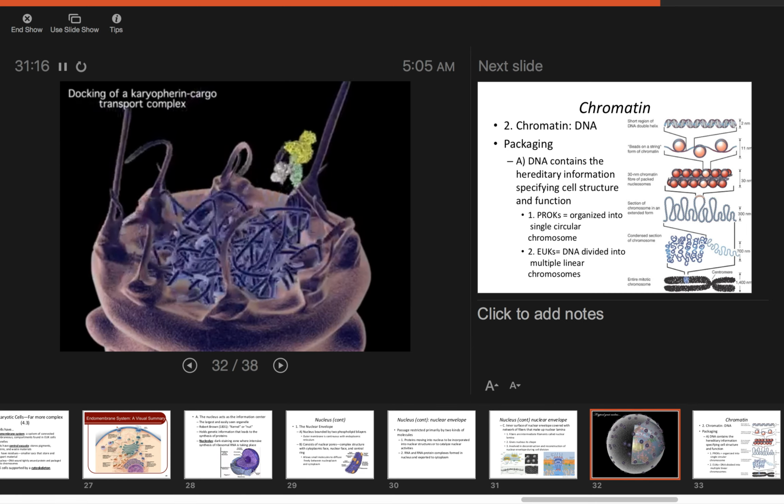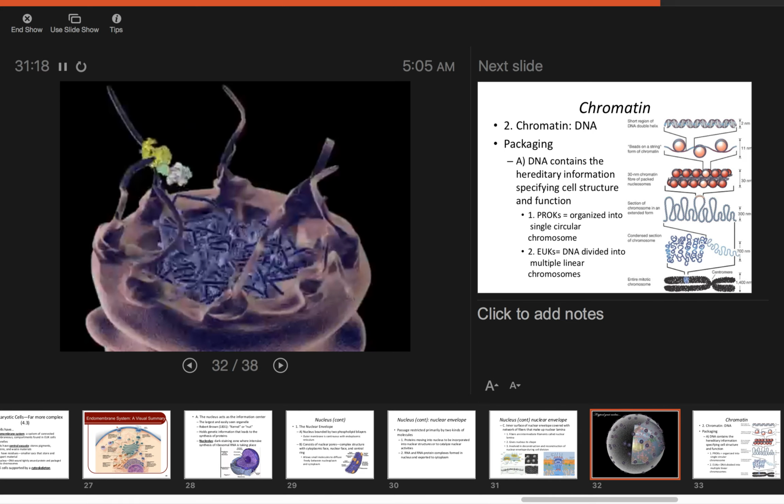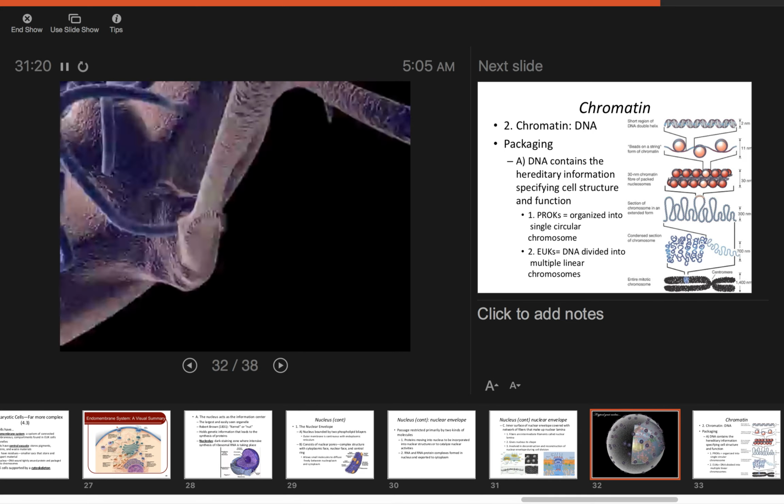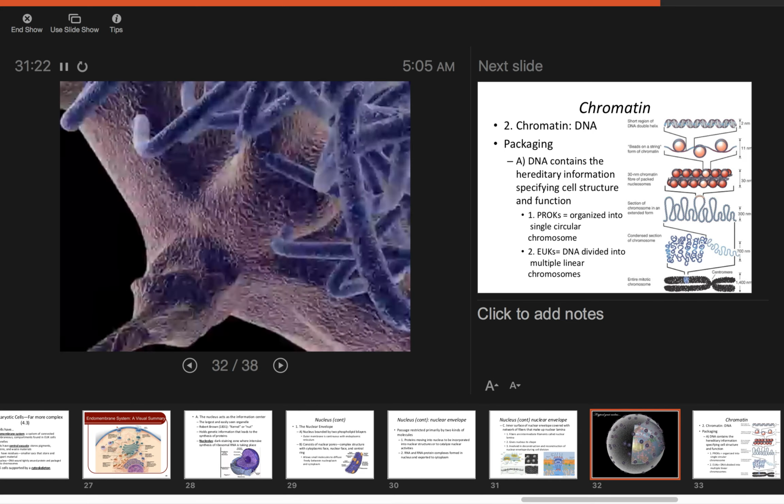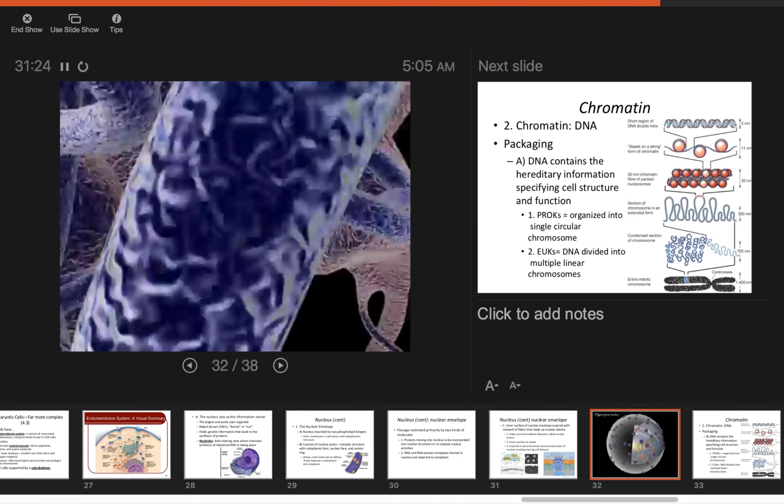So here's a protein molecule that needs to get inside. Got latched on by a tentacle. Now you are the protein going through the nuclear pore.